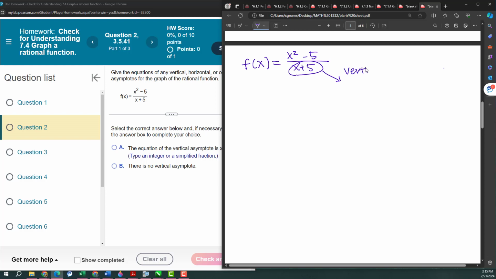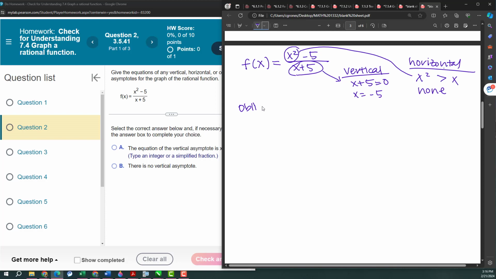So I'm going to say vertical asymptotes, x plus 5 equals 0, so x equals negative 5. For our horizontal, we have x squared. Since it is greater than x, there are no horizontal asymptotes.